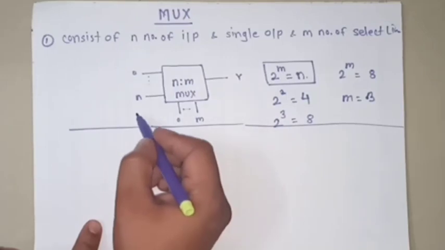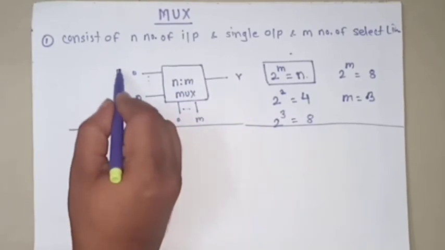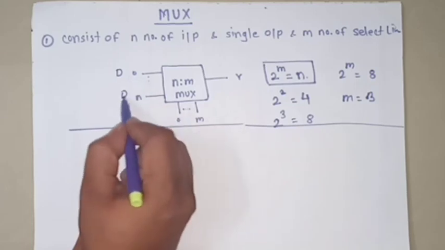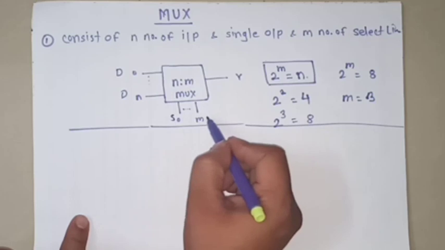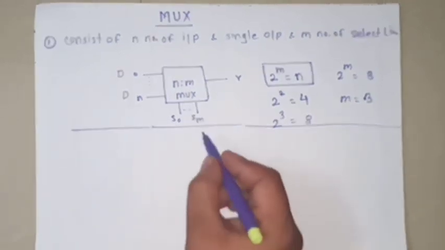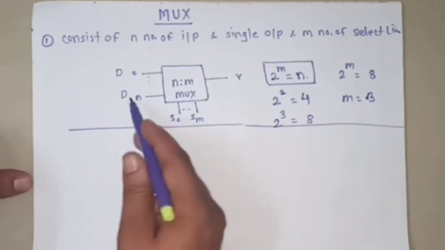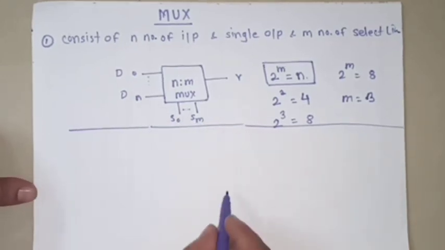The input lines are always indicated as D0 up to Dn, and the select lines are always indicated as S0 to, for example, SM. In this way we indicate the input lines as well as the select lines.